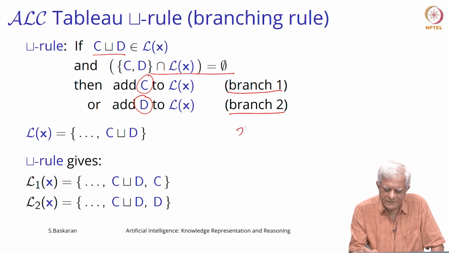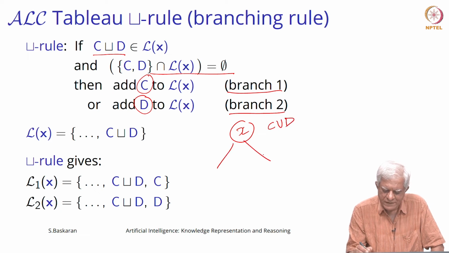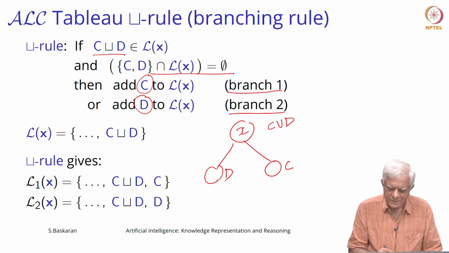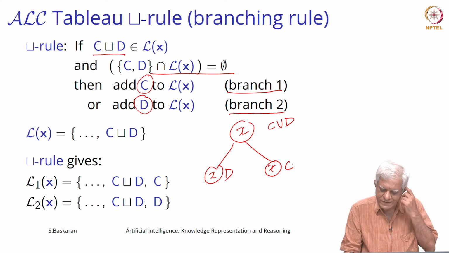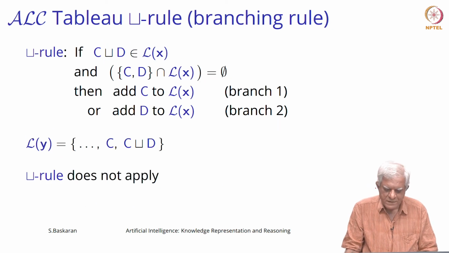So, if you had this X with the label C union D, then you take two branches, to one you add C, to the other you add D essentially. We are still talking about X here essentially.